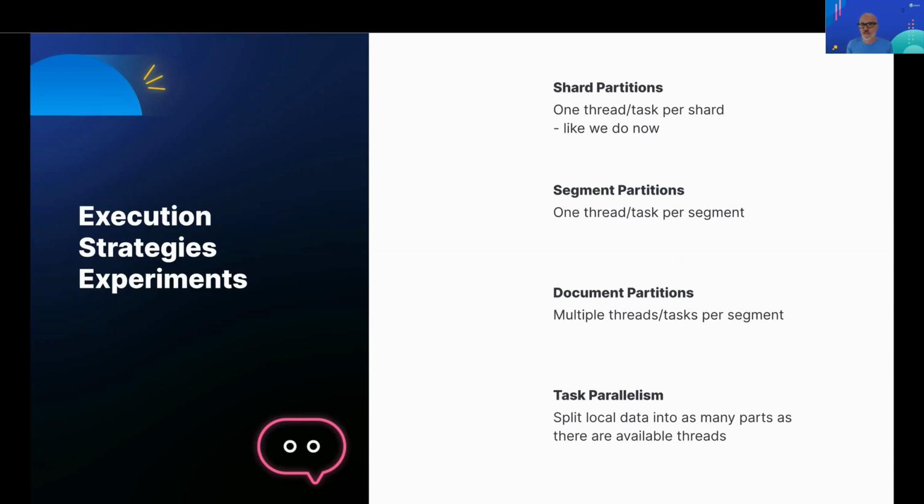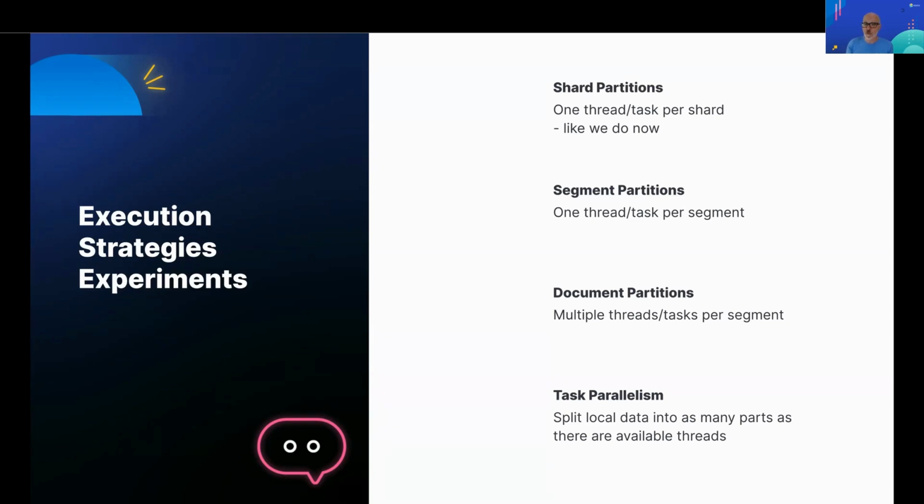Well, we've created a series of experimental strategies. Each has a different balance of the compute resources required to process the request. At the simplest, we have a thread per shard. This is similar to how aggregations are currently processed in Elasticsearch. Breaking this down, you can add a thread per segment file.